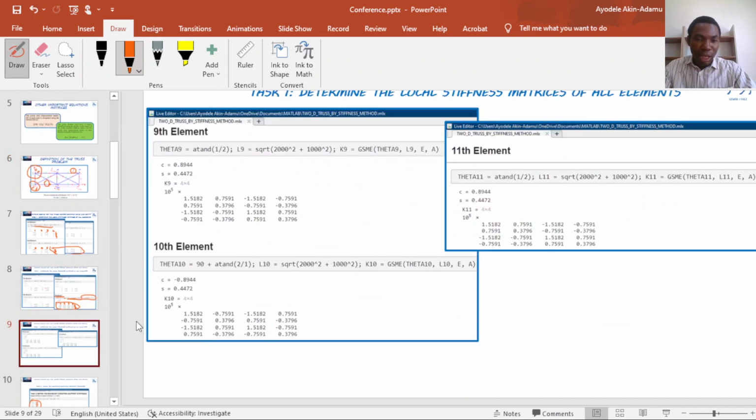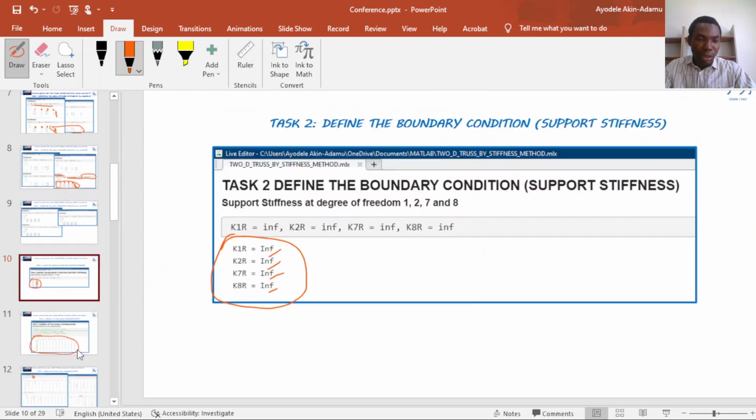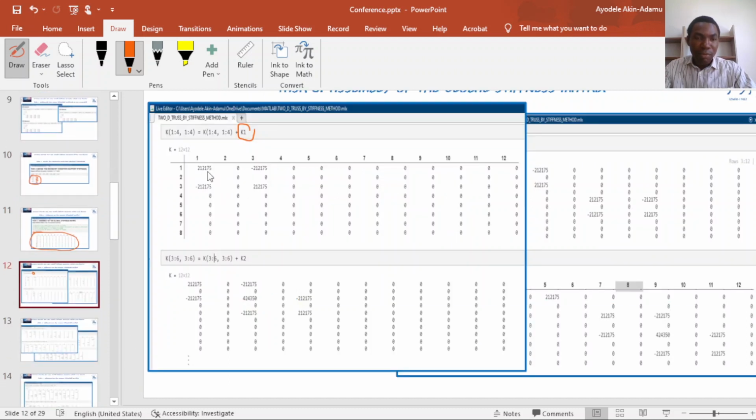It means in my zero matrix, I need to add the local stiffness matrix, which is a 4 by 4 matrix, in this position. And this line of code computes that for me.